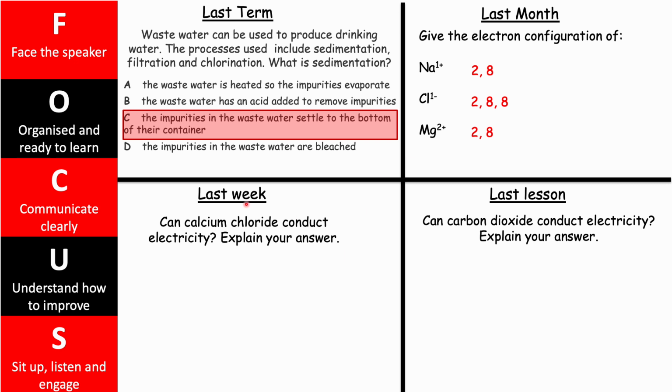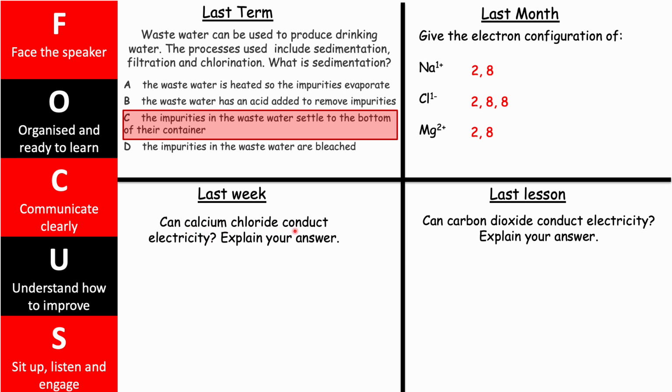You were then asked whether calcium chloride can conduct electricity and to explain your answer. The first thing you need to do is decide what type of bonding is present in calcium chloride. Calcium is on the left-hand side of the periodic table, therefore it's a metal. Chlorine is on the right-hand side, so it must be a non-metal. So calcium chloride must be ionic because it's between a metal and a non-metal.